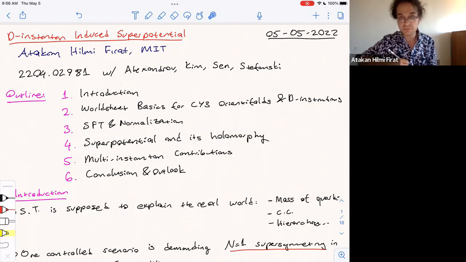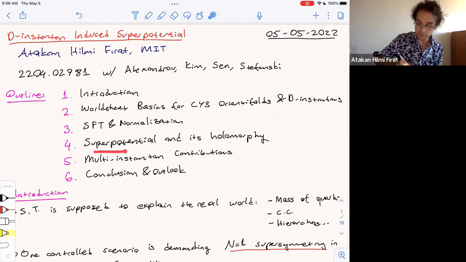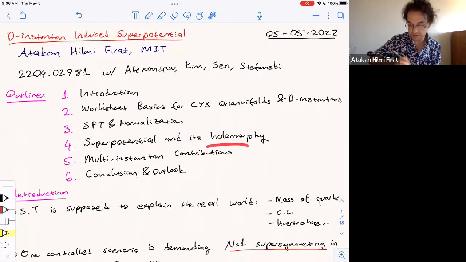And then I'm going to talk about how we use that to compute the superpotential and establish its holomorphy. And lastly, I will talk about the multi-instanton contributions and why they're absent, at least at the leading order.